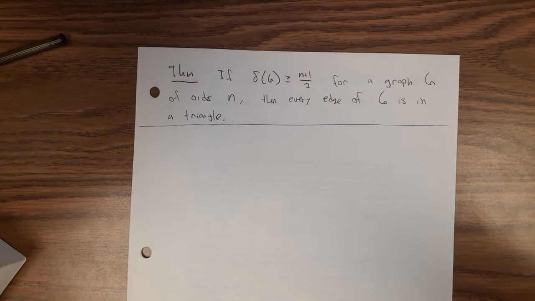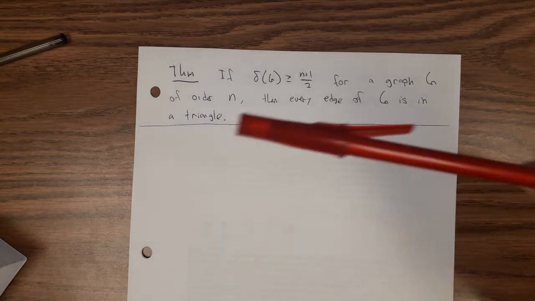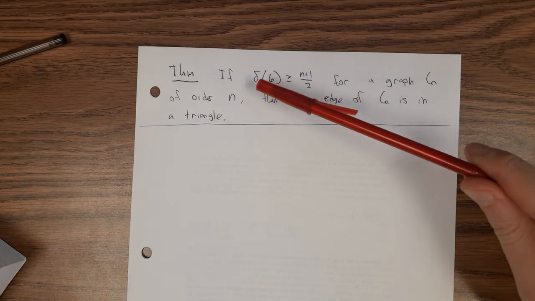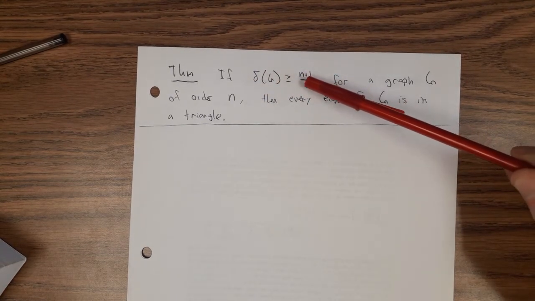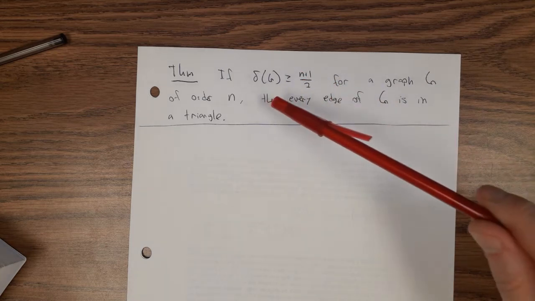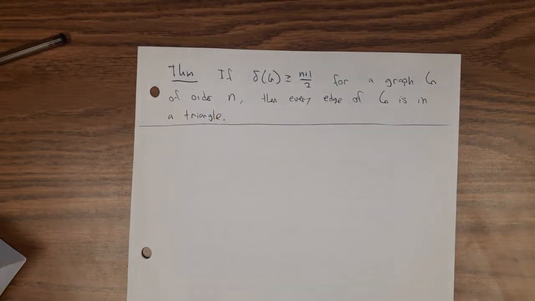Okay, so for the next one, let's do this, and I'm doing this because this is a slightly easier version of one from the homework. On the homework, we had a problem that said if the minimum degree of a graph is at least, I think it was 2n plus 1 over 3, then every edge of the graph is in a complete subgraph of order 4.